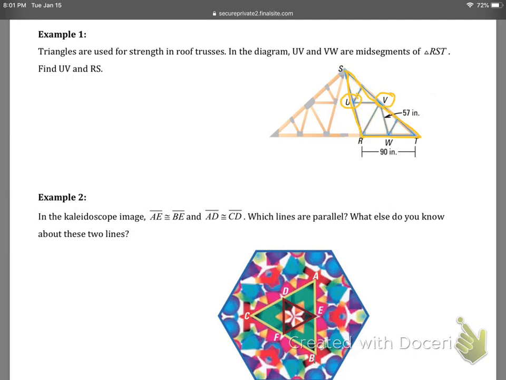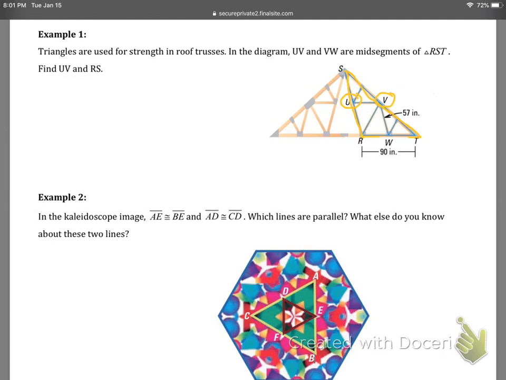Okay, so if UV and VW are both mid-segments, then let's figure out what we can find. RT, so we're going to do this one, maybe I'll do this one in orange.